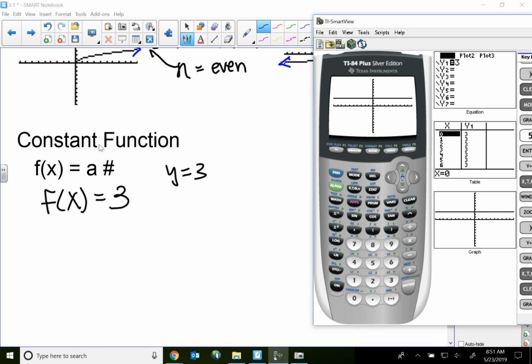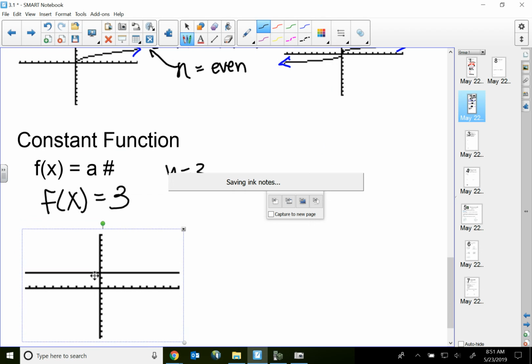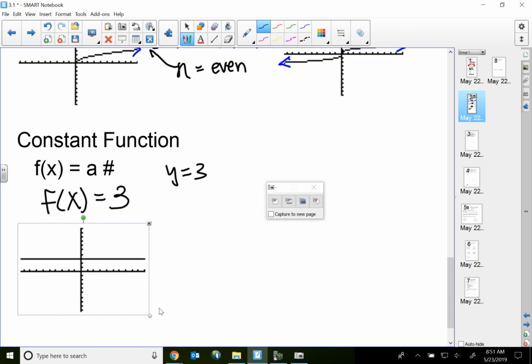The word constant also refers to the y value remaining the same, which is 3. That's what we call the constant function. This is just a little example of it. This number can be a half, can be 0.5, but the y value will remain constant.